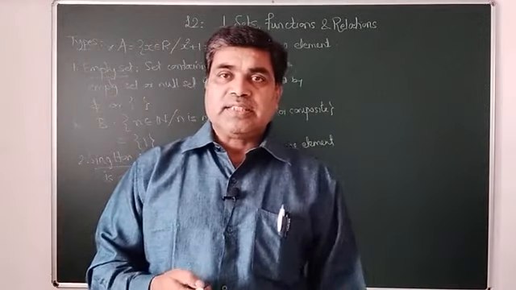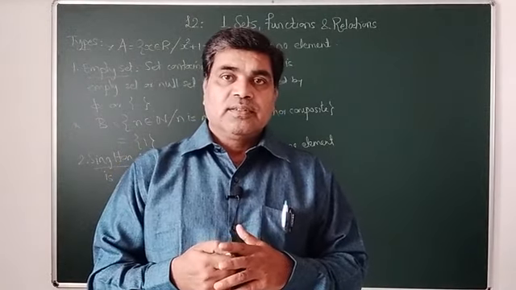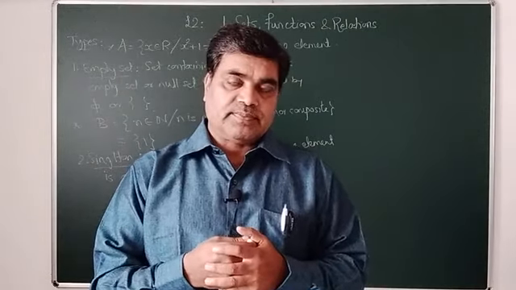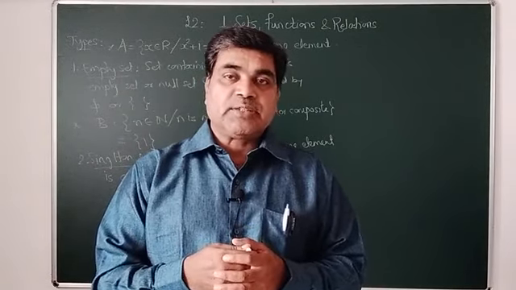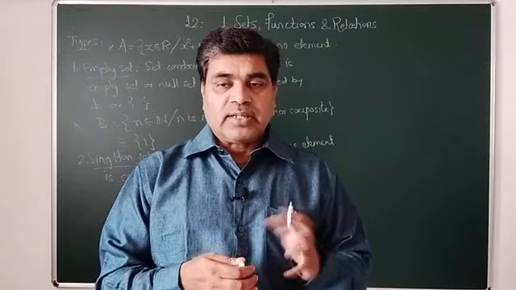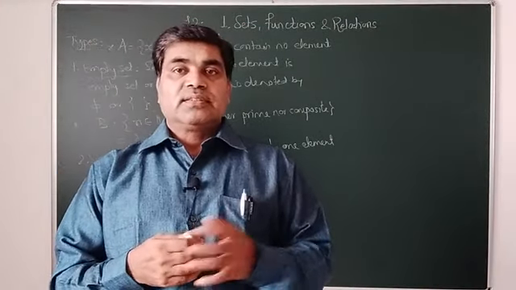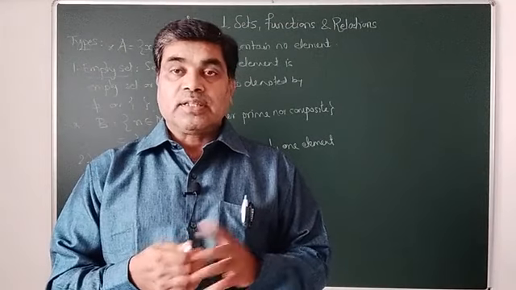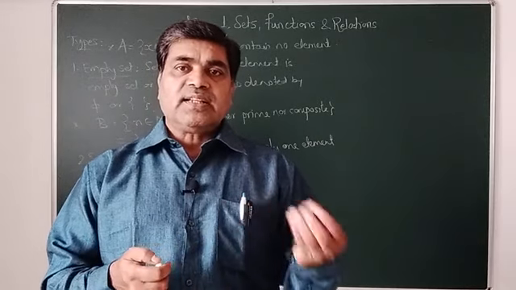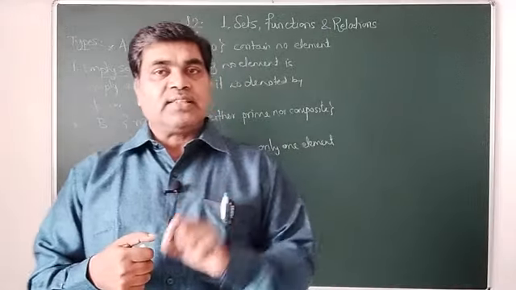As I am talking about a set containing no element, it means it contains zero elements. Then a set containing one element. If I take the set of solutions of the quadratic equation ax square plus bx plus c equal to 0, then your idea is that a quadratic equation has no roots, or it has one repeated root, or it has two roots. So the solution set contains at most two elements. So the number of elements in that solution set is finite.